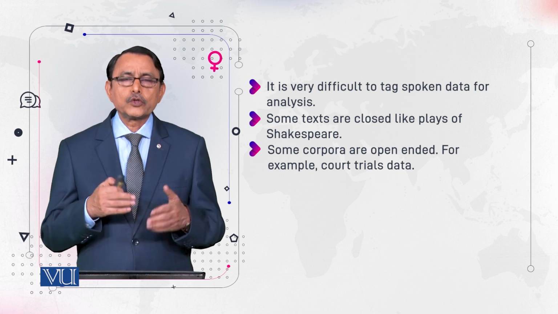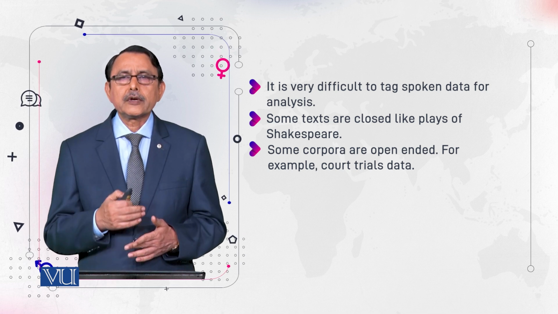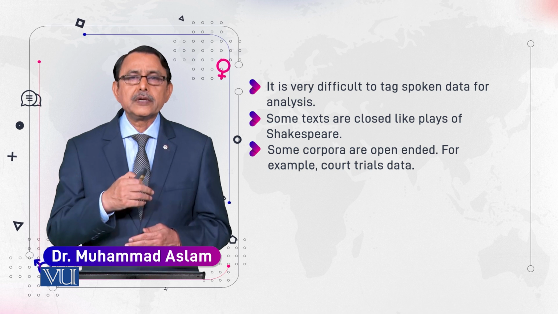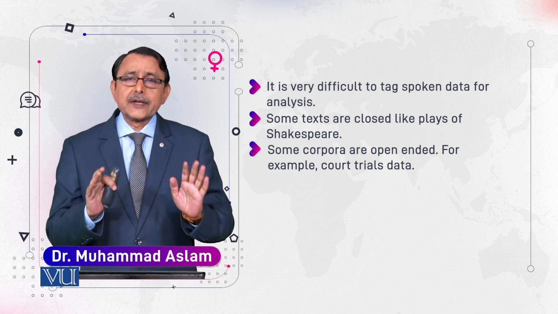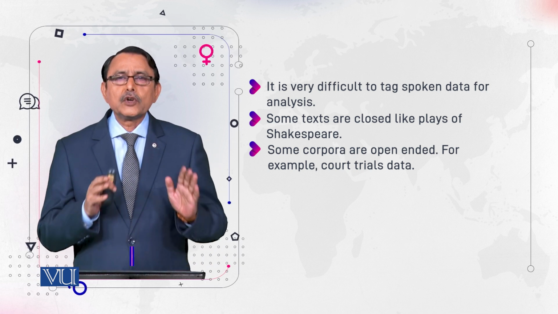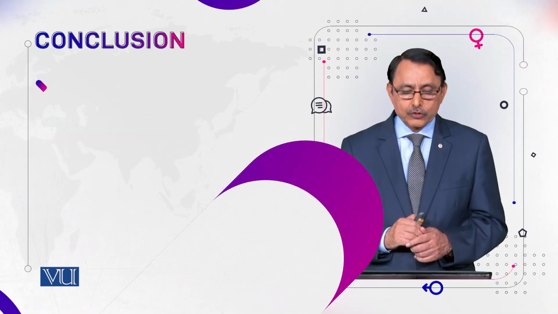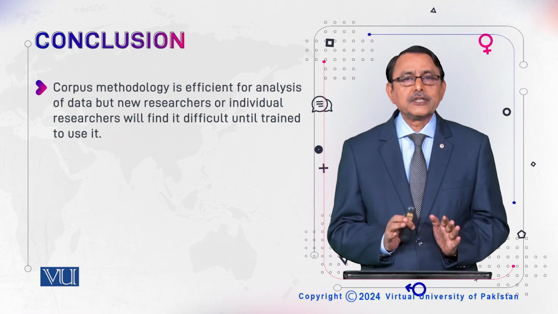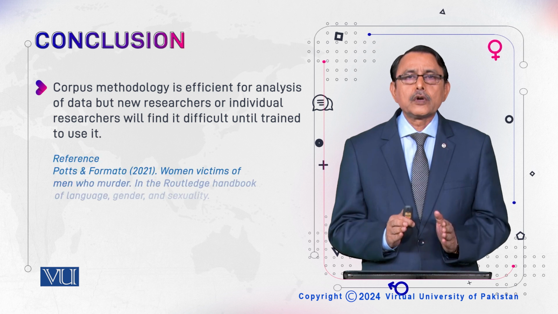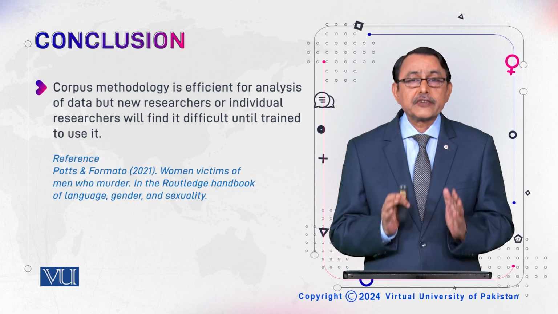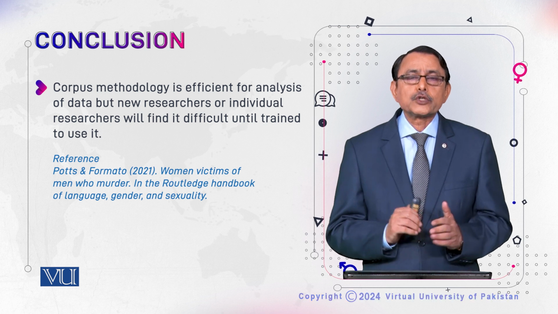So court trial data will be going on increasing. This is an example of ongoing open-ended corpus. So these are problems which a new corpus researcher can face, but there are solutions to them.